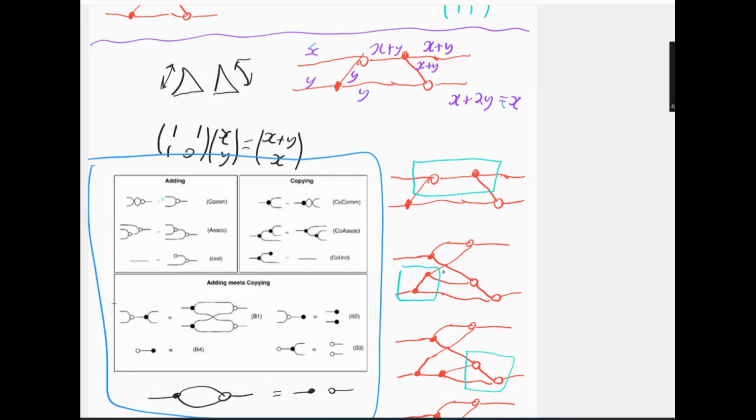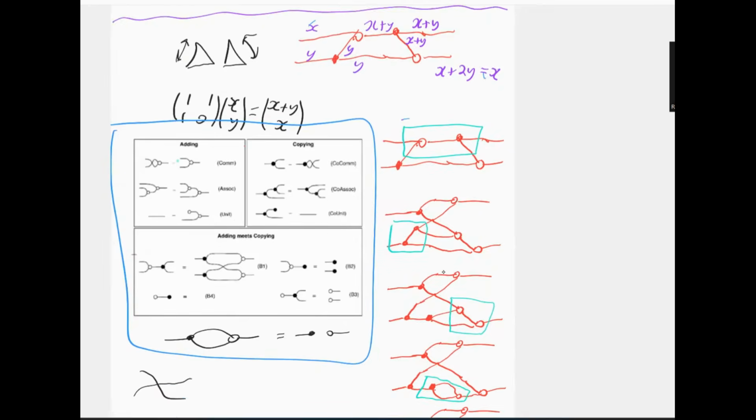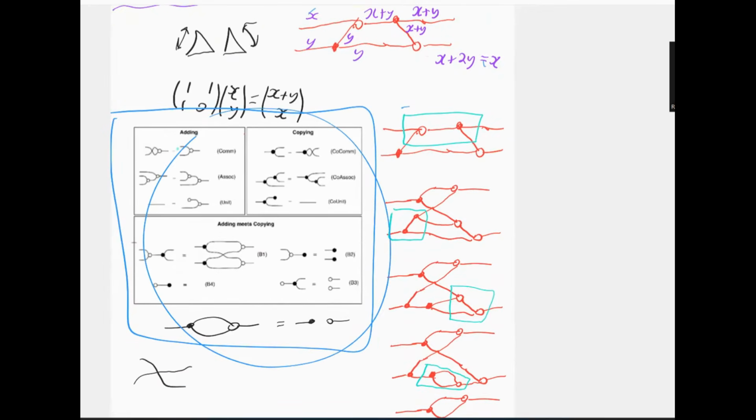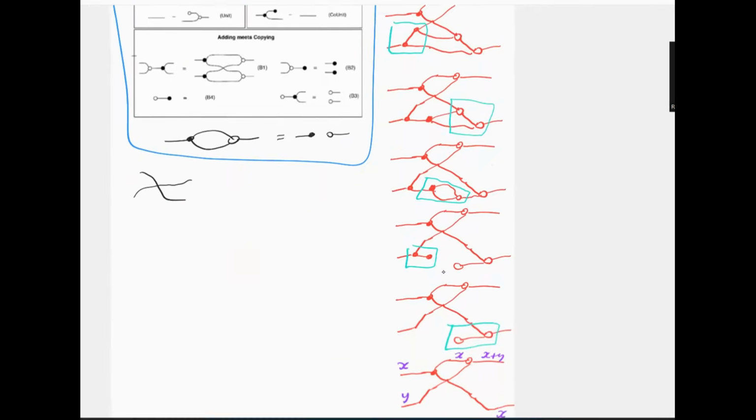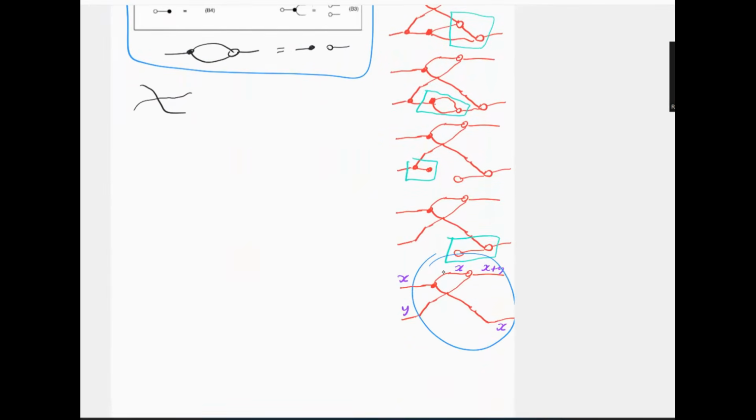Now, what we can do is take this diagram, and we've redrawn it here. Don't worry about the green rectangle for now. Basically, we're applying different equations from inside this blue rectangle to reduce this original picture, and we end up reducing it down to this form here.